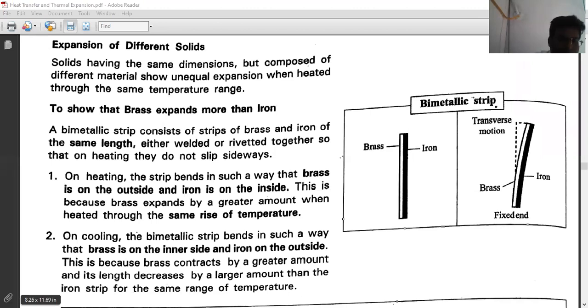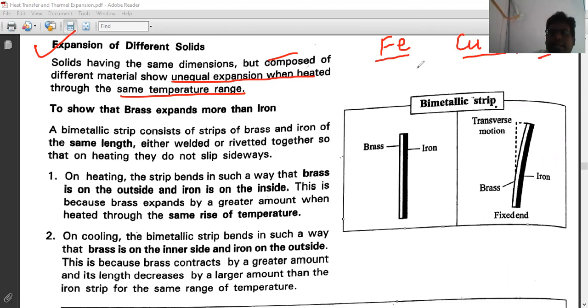Now look at the next point. Your next point is expansion of different solids. Solids have the same dimension but are composed of different material. They show unequal expansion when heated through the same temperature range, right? It means that suppose an object is made with iron, another object is made with copper and another made with aluminum.